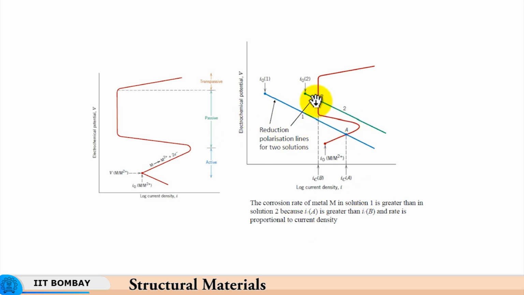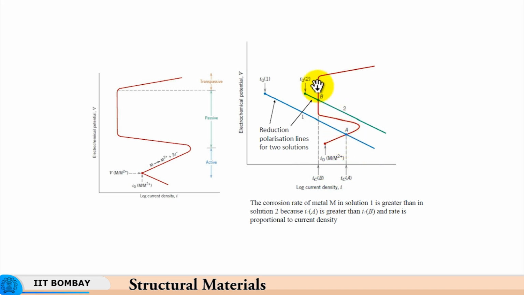So, this is what we mean by the reduction polarization lines for two solutions, for let us say an electrolyte or a corrosive medium, intersecting with this line. Whenever you have an anodic reaction taking place over here, since the electrochemical potential and the current density increase hand in hand, the corrosion rate is higher.